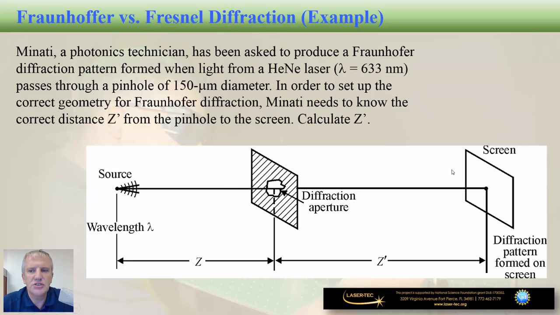In other words, she has to position the screen in the back at a specific, minimum distance at which Fraunhofer diffraction is going to appear. So you would want to use the formula on the previous slide to come up with a value of a minimum z prime, where z prime represents the distance between the diffraction aperture and the screen in the back.